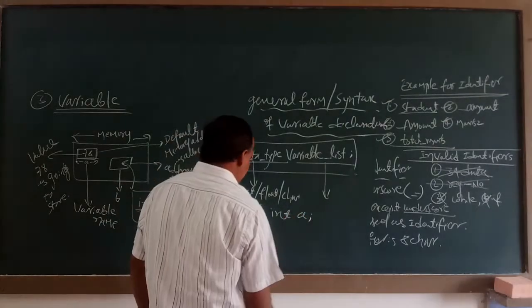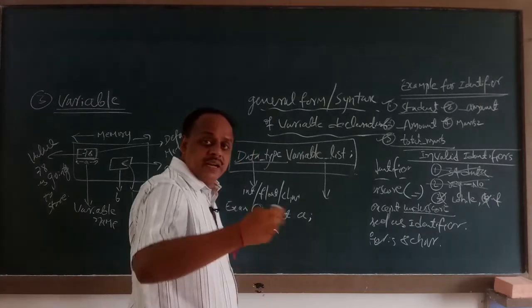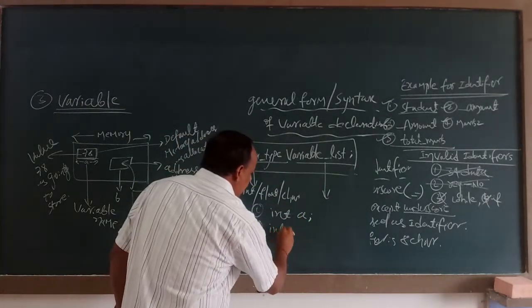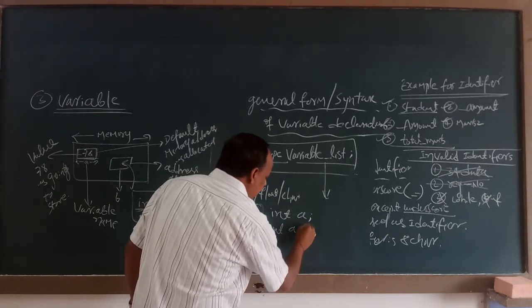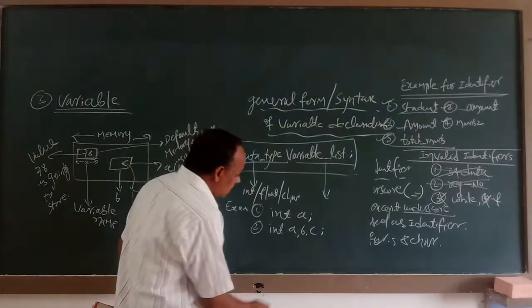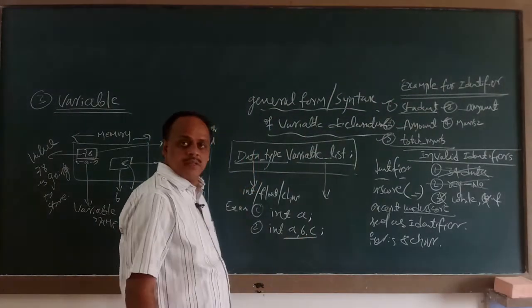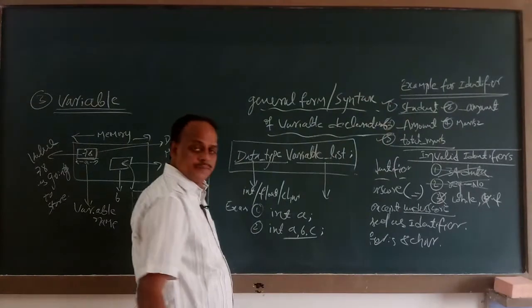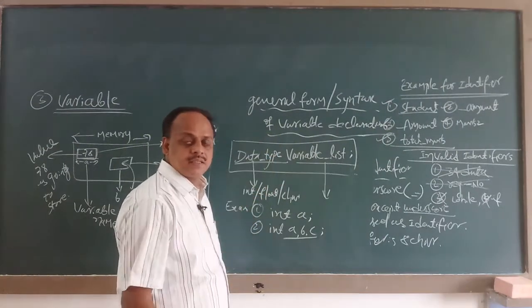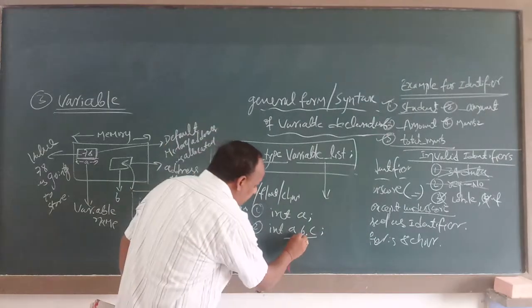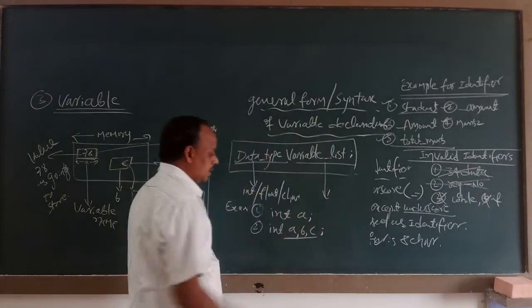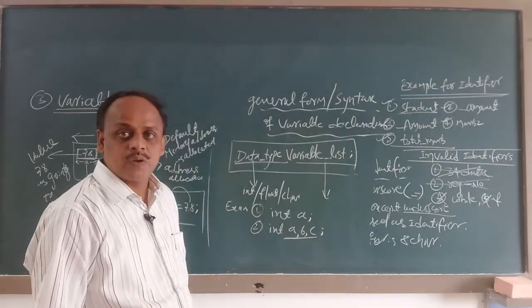Second one, suppose I have to declare three variables of the same data type: int a, b, c, semicolon. Here I declared three variables of integer type. Suppose all variables are declared in a single line, all are separated by commas, and the last variable ends with the semicolon.